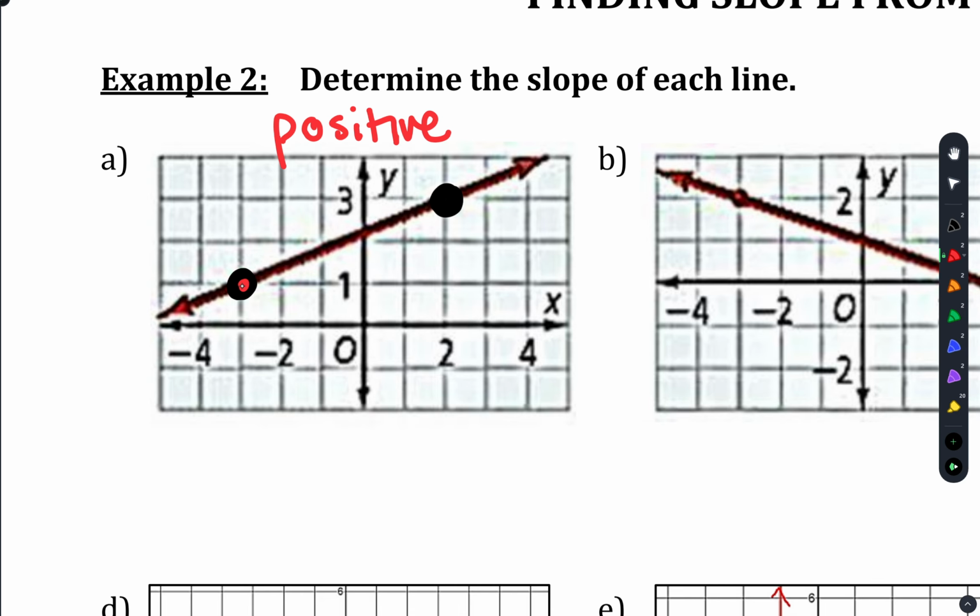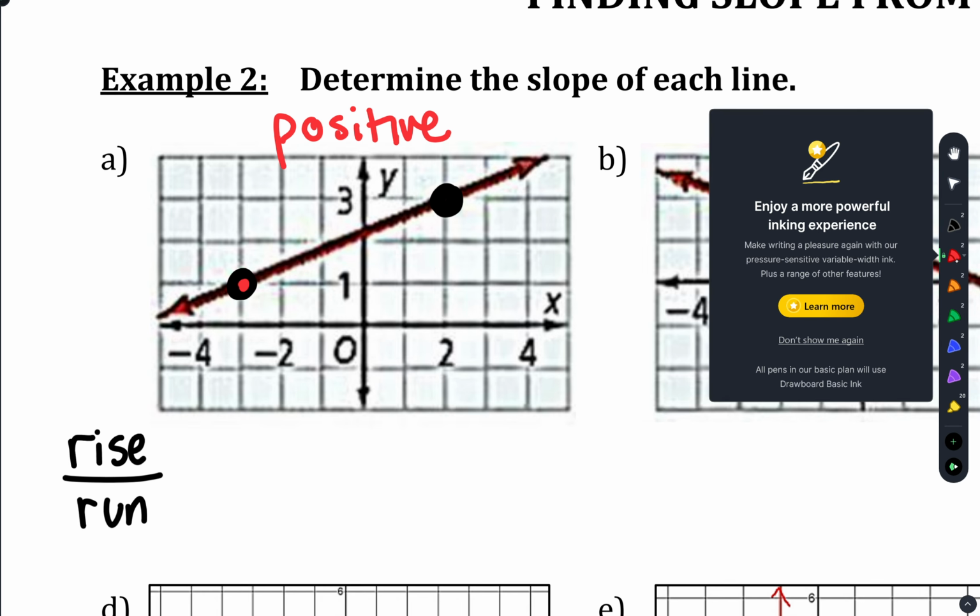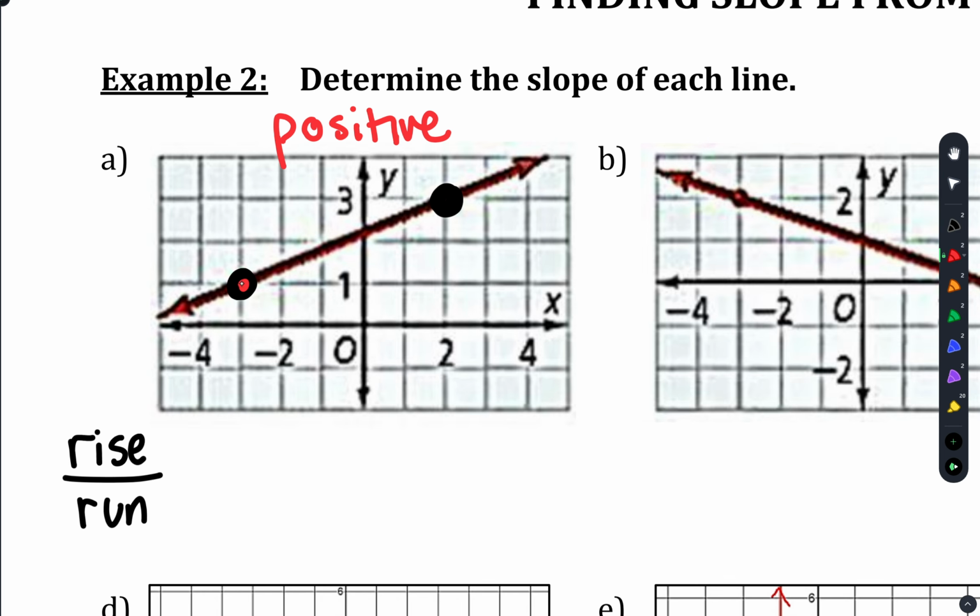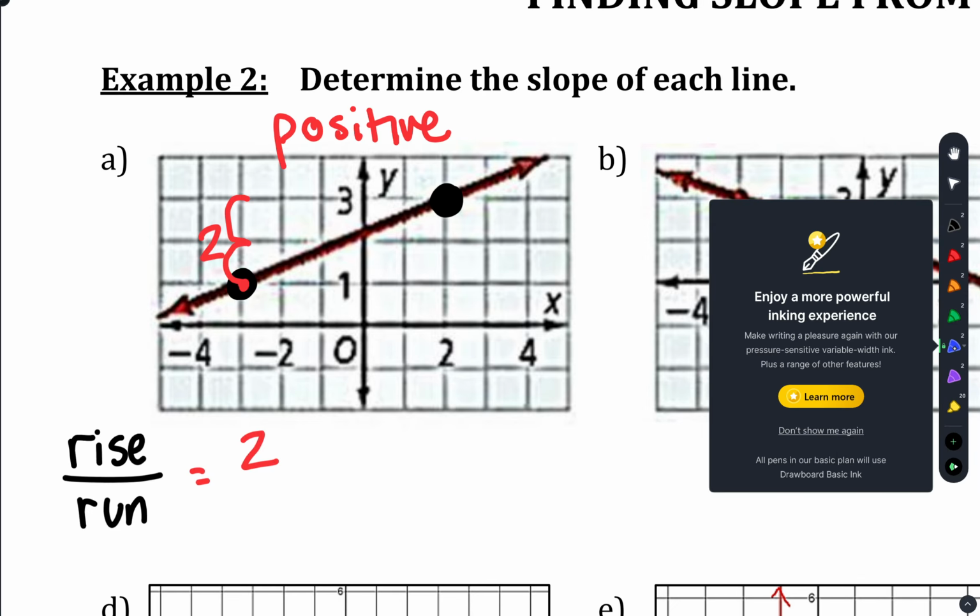Basically, what I'm going to do is I'm going to count. Another way that we write slope, I wrote it on the first page, is rise over run. So I'm going to count how far do I go up from point A to point B, or maybe it's down. I will count boxes, 1, 2. So this tells me I rise 2 boxes, and then I count how far left or right do I go.